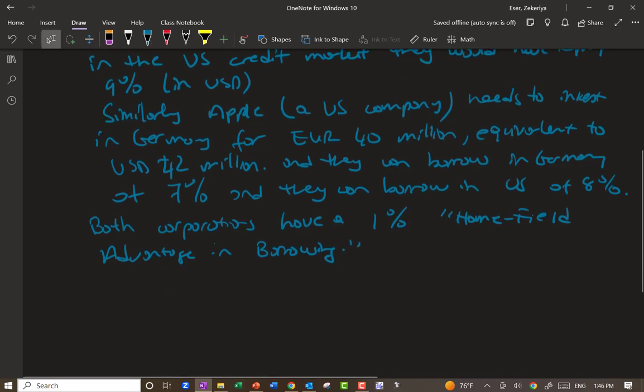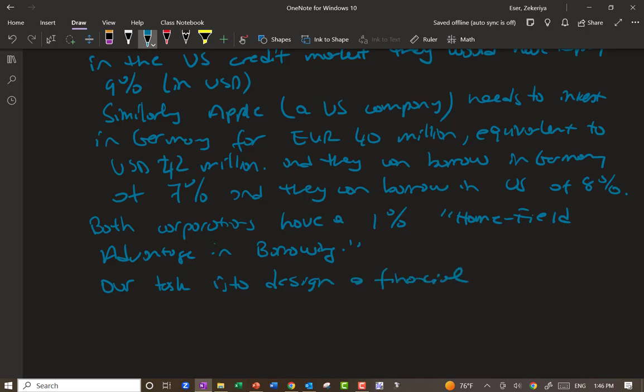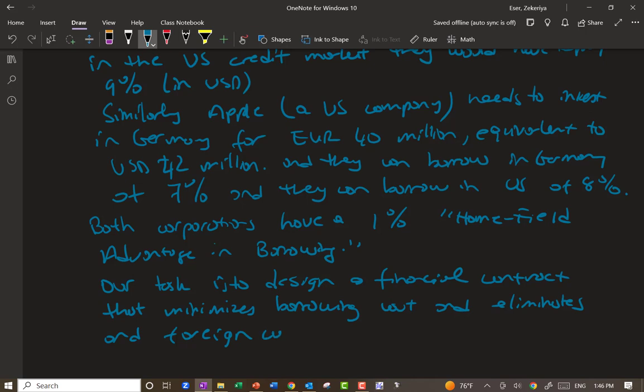So our task is to design a financial contract that minimizes borrowing costs and eliminates any foreign currency risk.